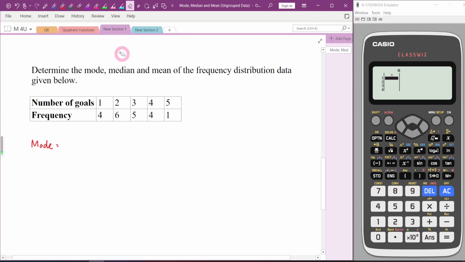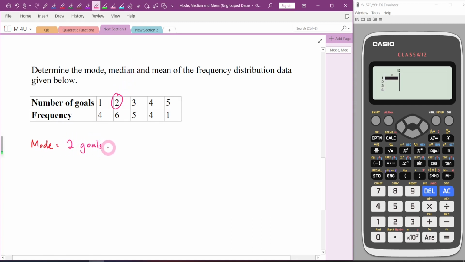So in this situation, the mode is actually 2 because you receive this answer 6 times, right? This is 1 only 4 times, 3 only 5 times, 4 only 4 times, 5 goals 1 time only. So this 2 is the highest frequency, right? This is the data with the highest frequency. Therefore, the mode will be 2 goals.